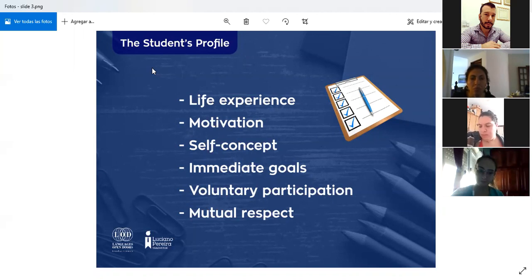Next, we have self-concept. Frequently the adult student has a negative self-image. They tend to believe that they are no longer able to learn. Okay? They see this foreign language as a huge challenge that they might not be able to overcome.